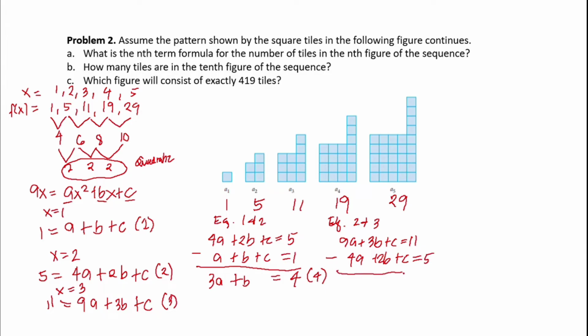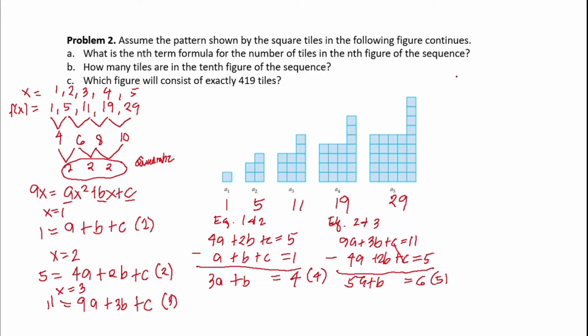So we have to subtract this. 9a minus 4a is 5a, and 3b minus 2b is plus b, and the c cancels. So this is equal to 6. This is equation number 5. Now, with equations 4 and 5, we can get a and b.